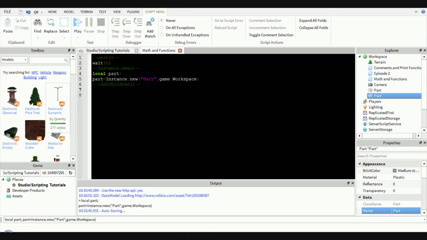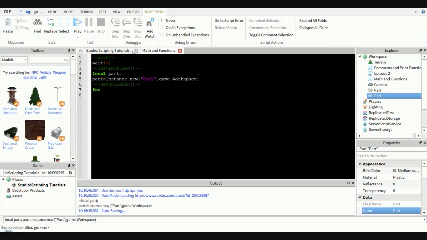So let's do local wait. So basically, if you want to use GetChildren, here's a good way to use GetChildren. Like, you can get the children of all of workspace and delete all of them.